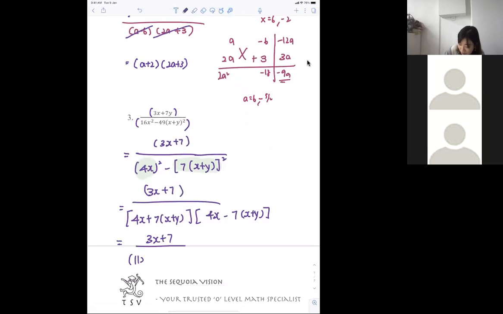Simplify first, you get 11x, minus 3x minus 7y. Remember minus can take up.